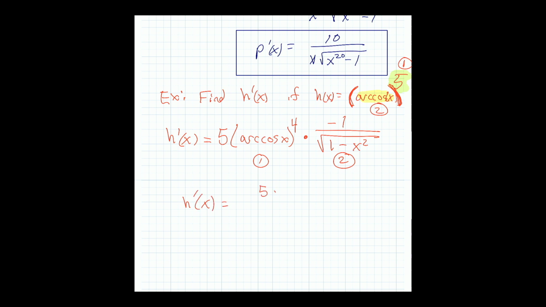You can write it this way: 5 arc cos x to the 4 over square root of 1 minus x squared, and I lost a minus, so I'll put it there. And I'm done. Okay, so those are the derivatives that you've got.